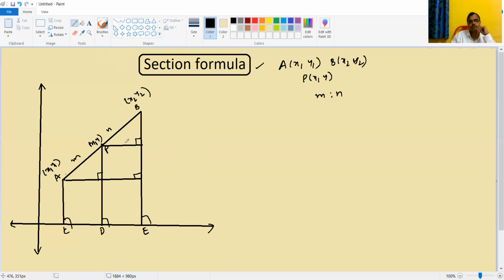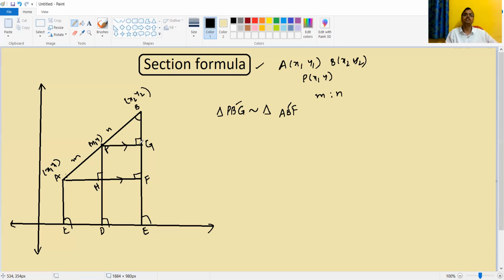Now if you observe, suppose this is F, this is G, this is H. Now if you observe, triangle PBG is similar to triangle ABF, because angle B is the common angle.